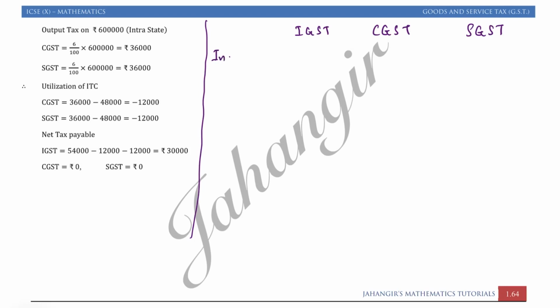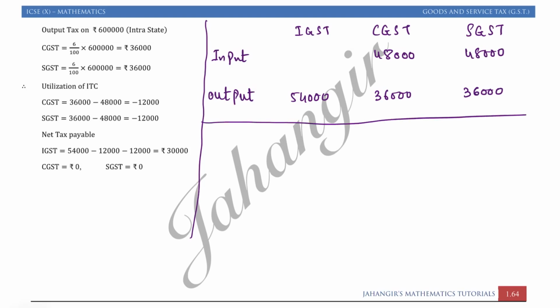Input tax at the time of buying, input CGST and SGST was 48,000, and total output was 54,000 IGST, then 36,000 CGST, 36,000 SGST. This is the final output. So how will the net tax payable and utilization be?